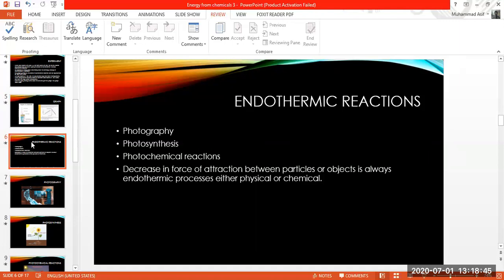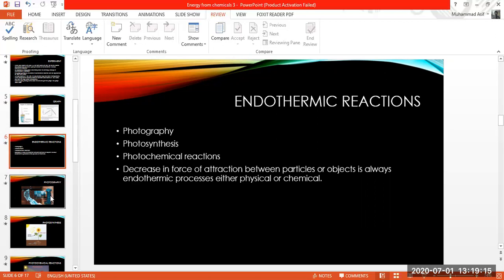The examples of endothermic reactions are, for example, photography, photosynthesis, photochemical reactions, and a decrease in force of attraction between particles or objects is always an endothermic process. Either these processes are physical or chemical.